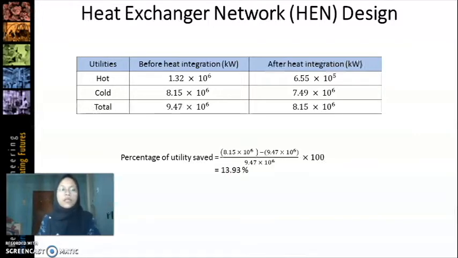For example, here hot utilities is reduced from this value to this value, and for cold utilities we managed to reduce it to 7.49 times 10 to the power of 6, and overall the utilities can be saved up to 13.93%.